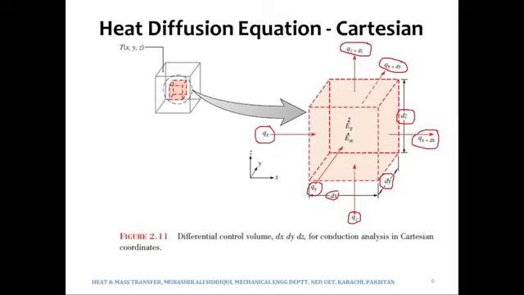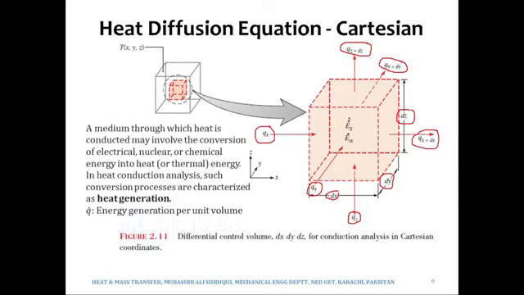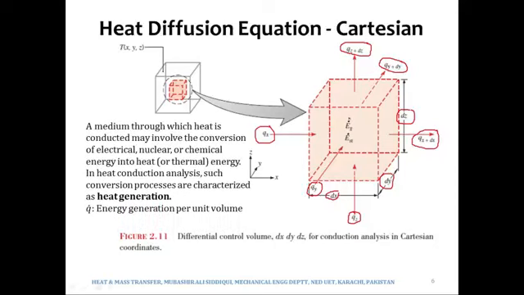And energy generated. Energy generated is the amount of energy produced inside. For example, if we have this block, this wall, and suppose there is a wire which passes through this wall, and we let electric current pass through this wire, heat will be dissipated inside. That is the phenomenon that we call energy generation.